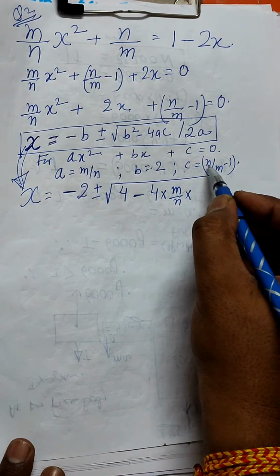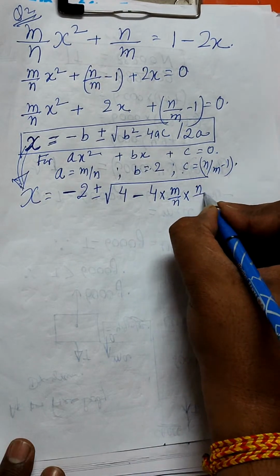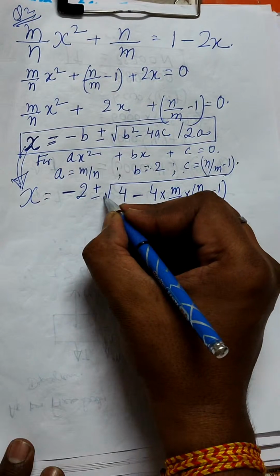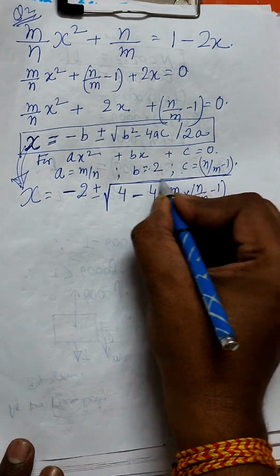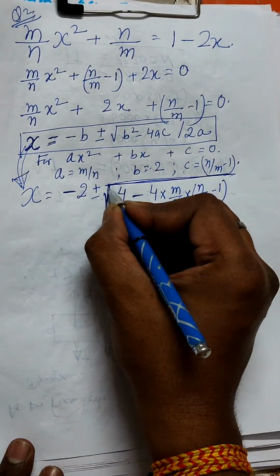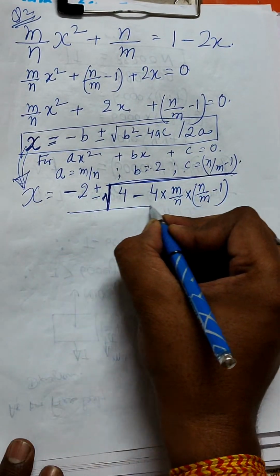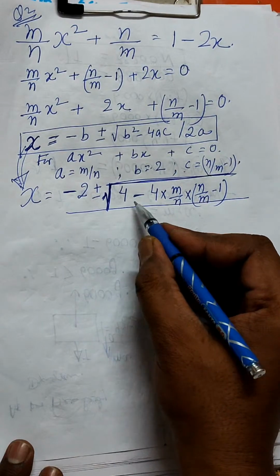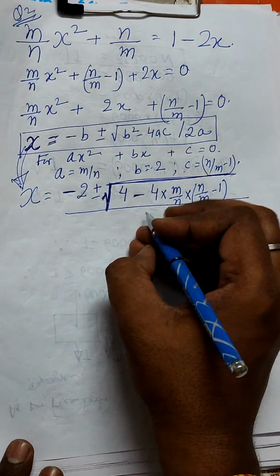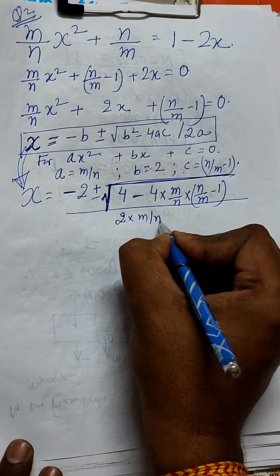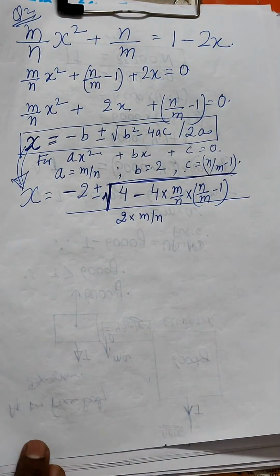What is the value of c? C is n by m minus 1. So all these three terms into the root, just mind it. You just put the values into the formula directly, right? Divided by 2a. What is the value of 2a? That is 2 into m by n, right?